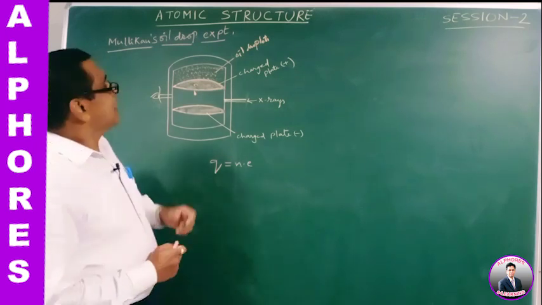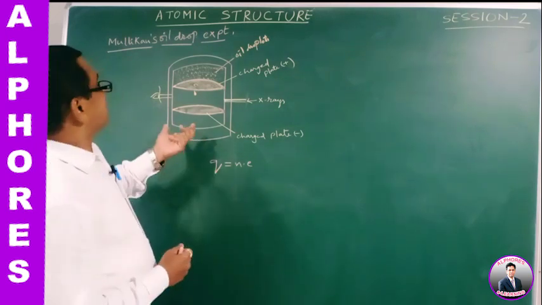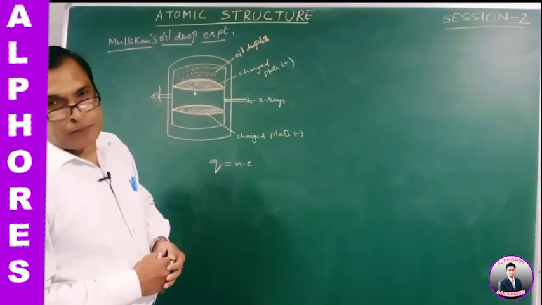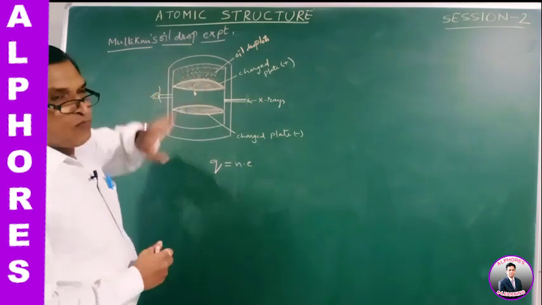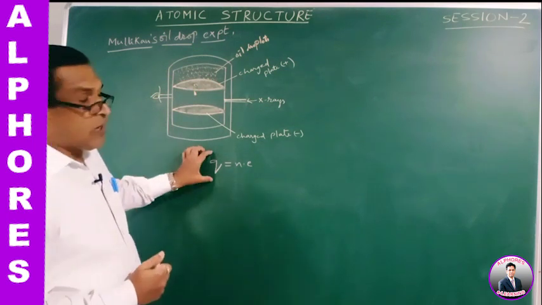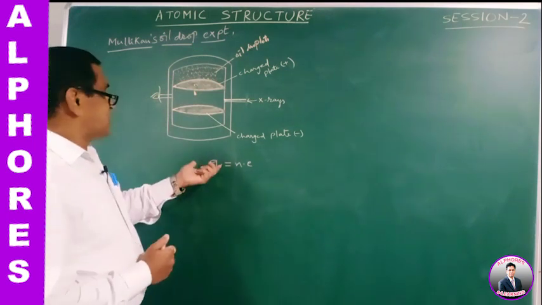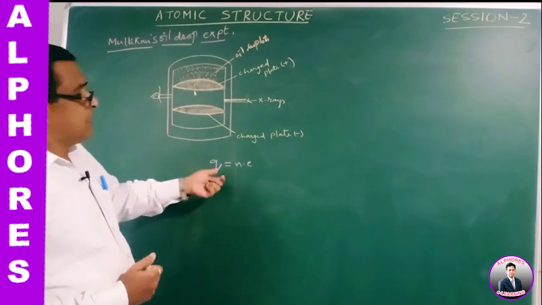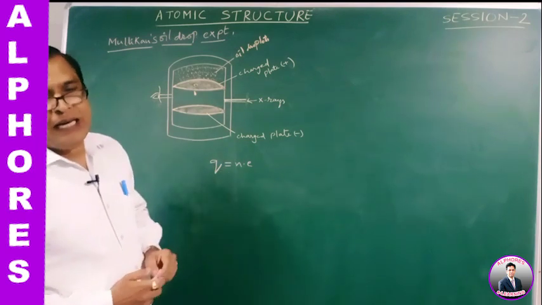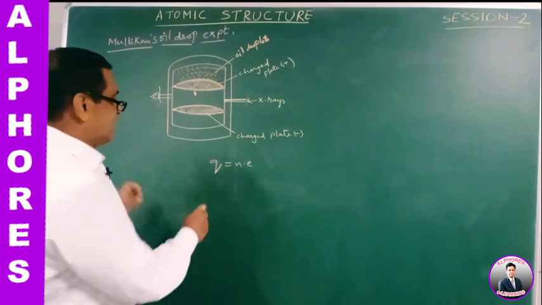Millikan observed this in the experiment and finally concluded that the electrical charge present on the oil droplet is an integral multiple of the electrical charge of the electron.